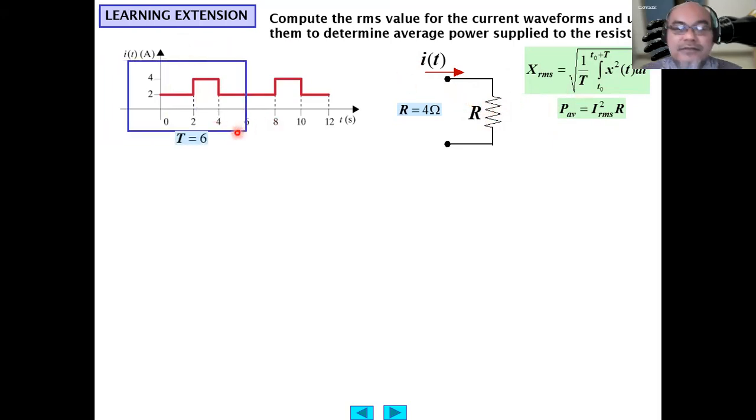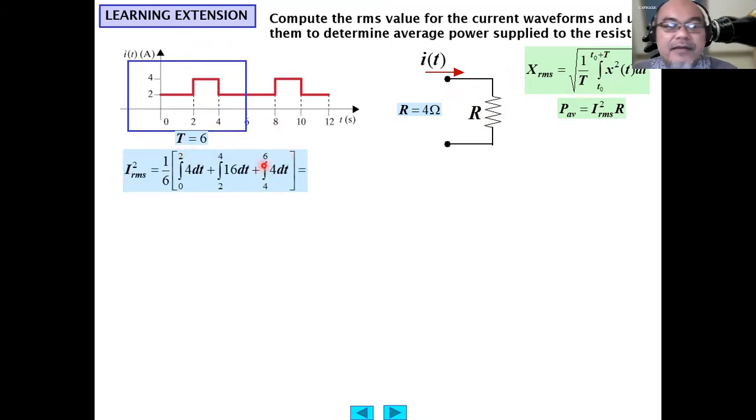As mentioned, the period is 6 seconds. Then the I square RMS can be calculated, without the root first.